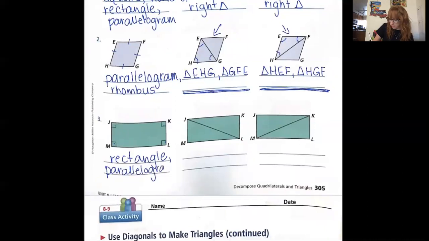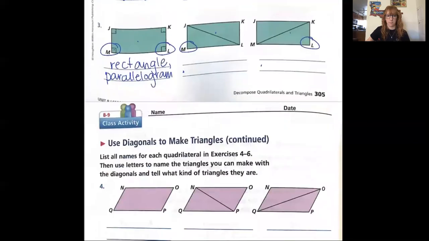And just like number 1, make sure that when we have right angles, we're paying close attention that they're still there. It's the same shape all the way through, we're just adding a diagonal in. So I'll let you name these triangles on your own and use that as practice. And don't forget to name your triangles here.